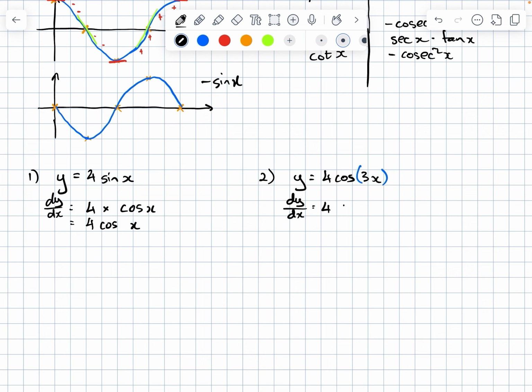Cos differentiates to negative sine, so times by negative sine 3x. We haven't actually done anything with this 3x, and so we're going to apply the chain rule. We're going to multiply by the derivative of that bracket. 3x differentiates to 3. And we can tidy this up. 4 times negative times 3 is negative 12 sine 3x.